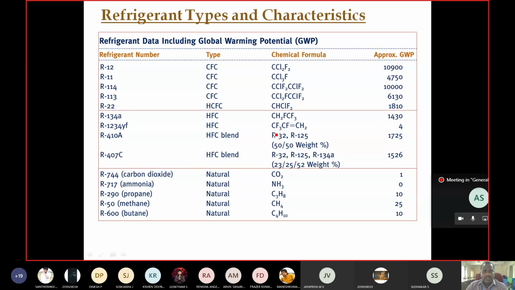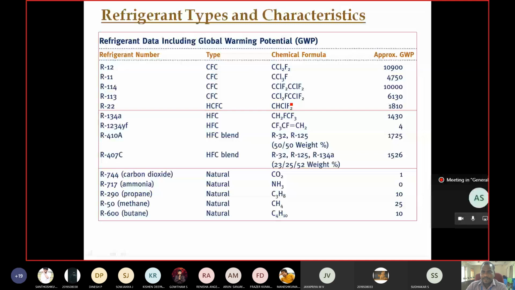So these are the different types of refrigerants, and their characteristics are stated here. So we have CFCs, HFCs, and natural refrigerants also. So the CFCs are mainly R12, R11, R14, R134. So the chemical formulas are also stated here.